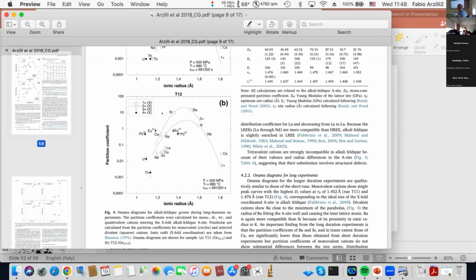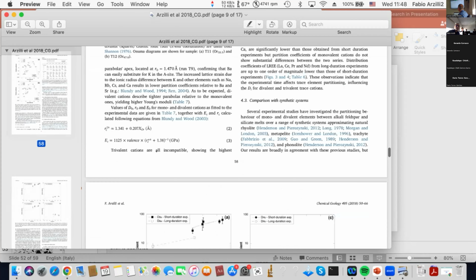But rubidium and strontium are a little bit further away. And then you have here all the trace elements. If you see, the trace elements behave in the same way: they are enriched in the short duration and then removed during reequilibration in the long duration.